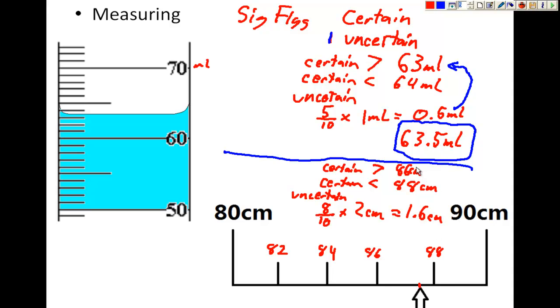I take my lowest number, which happens to be 86, and I add it to this one, so 86 plus 1.6 is going to be 87.6 centimeters. Okay, and that is my length of this object that reaches to right here.